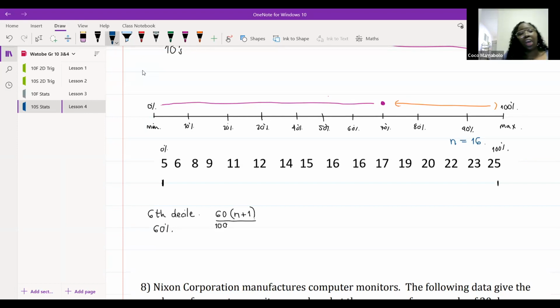So let's put this onto our calculators, guys. If we want to find the 60th percentile, we're going to go 60 over 100 times 16 plus 1. Punch that into your calculator. What answer do you get? Okay, I'm getting two different answers.